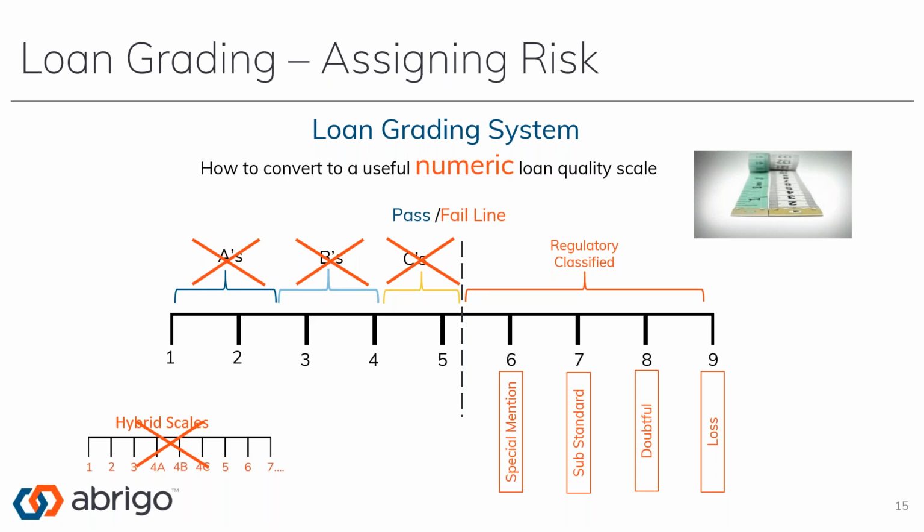And I've recently seen a couple financial institutions that I ran into where they had a numeric with some alpha in the middle of it, like they have a 1, 2, 3, and a 4A, a 4B, and a 4C, and then a 5, 6, 7, 8, right? And at that point, it's confusing because financial institutions usually run into this when they're not using an objective loan grading scale, but subjectively they're doing their credit analysis and everything ends up as a 4.